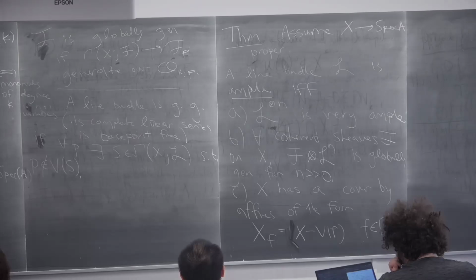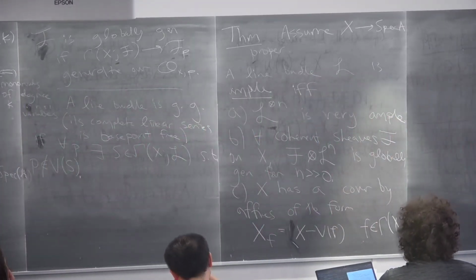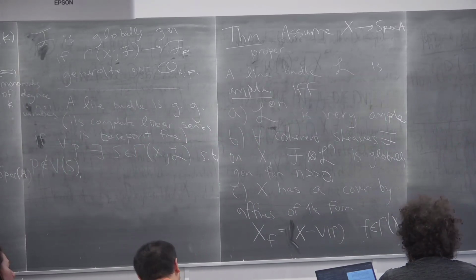Maybe actually a sort of side note before we start discussing this. If you're interested in this question of is X proj of some ring, if you've chosen the line bundle, then there's an obvious candidate.